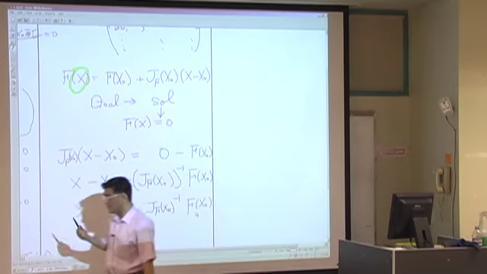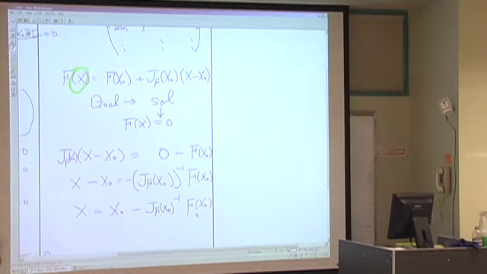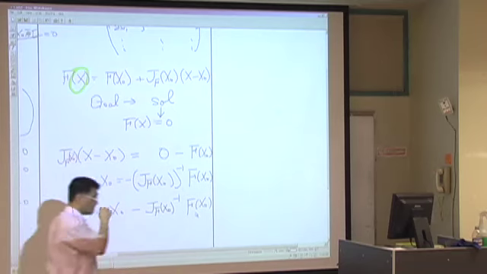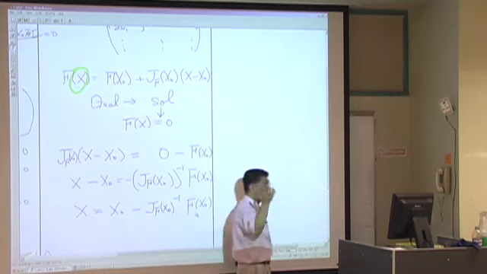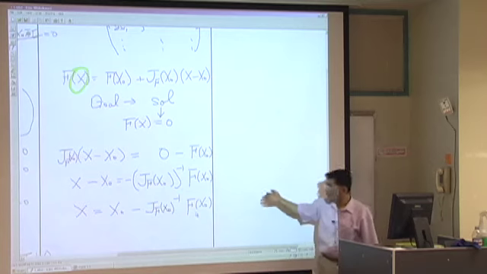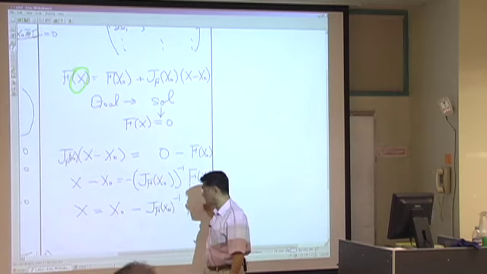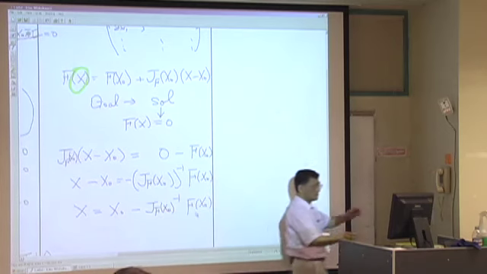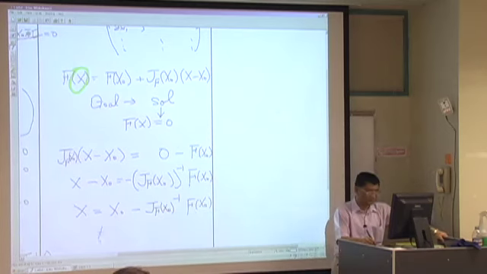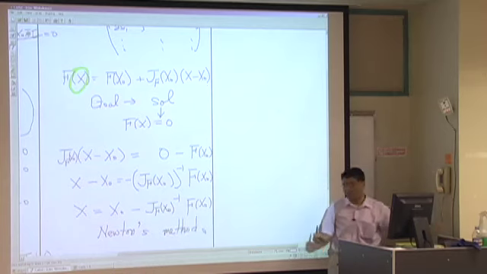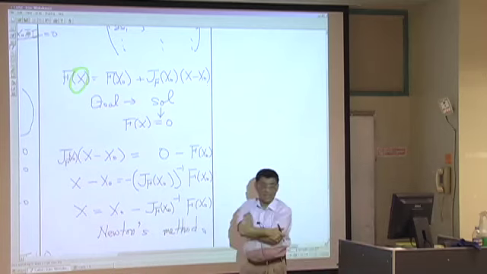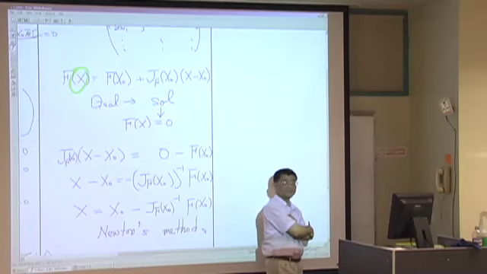We eventually derive a relation that we can use to iterate. In a linear system, it's very obvious to find the relation. In a nonlinear system, we must find something using this method called Newton's method, and this is very, very widely used in handling nonlinear systems.